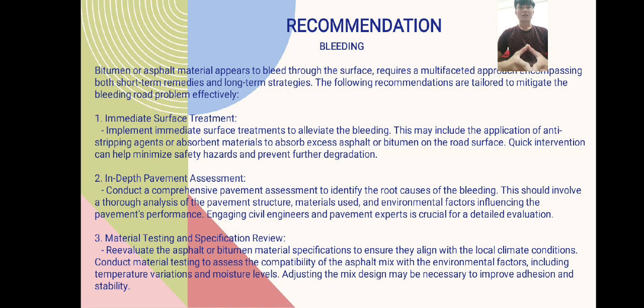Implement immediate surface treatment to alleviate the bleeding. This may include the application of anti-stripping agents or absorbent materials to absorb excess asphalt or bitumen on the road surface. Quick intervention can help minimize safety hazards and prevent further degradation.